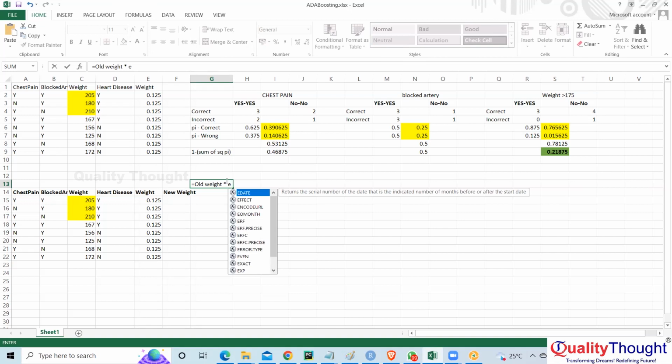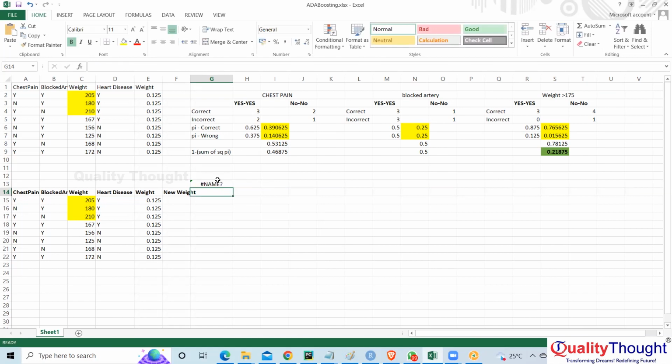We had... let's first calculate step by step. So your new sample weight is going to be e to the power of the amount of say.